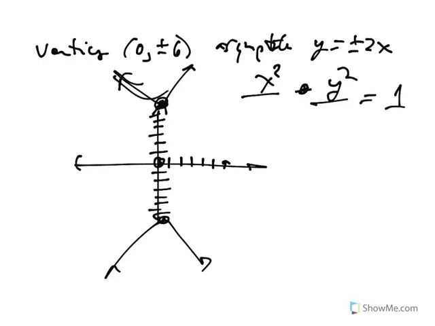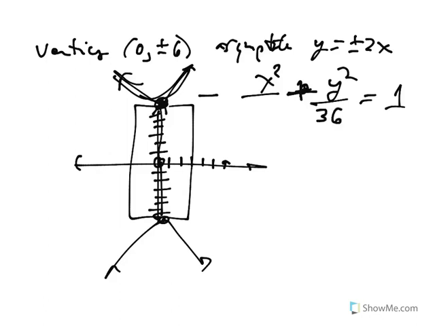If it's up down like this, we want to put a minus there and a plus there. And since the up down of the box is 6, we're going to put a 36 underneath the y squared. But we don't know what the left right is, at least not right off the bat, but that's where the asymptote is going to come in handy.